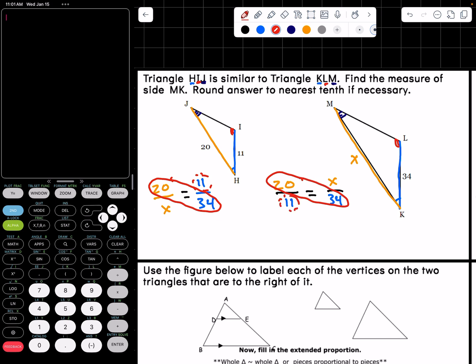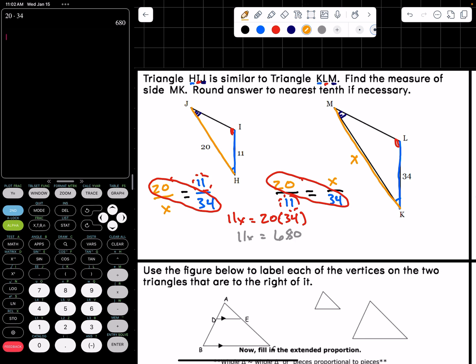We haven't done this in a while, but we're going to cross multiply and divide. Notice either way we do this, no matter how we set it up, we're going to be going 11x equals 20 times 34. And then I can solve it all the way down. 20 times 34 equals 680. That equals 11x.